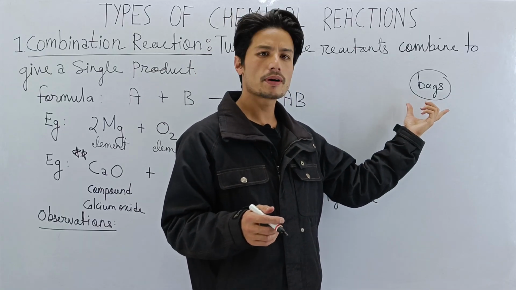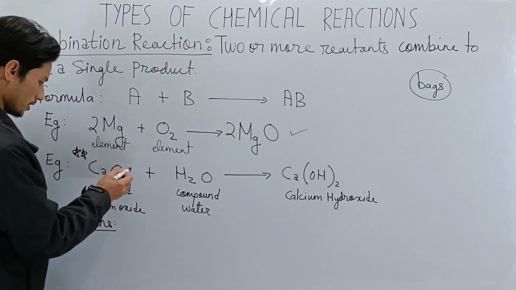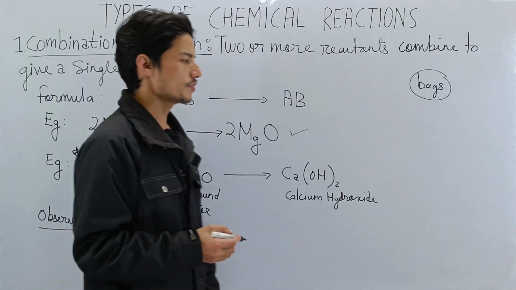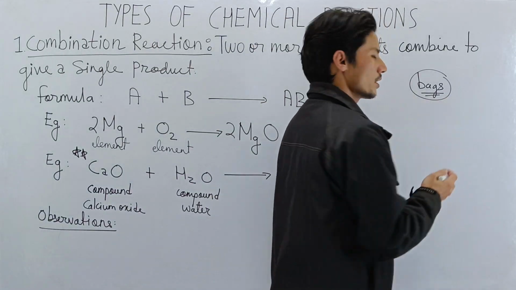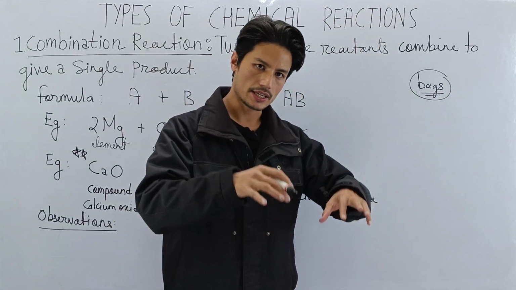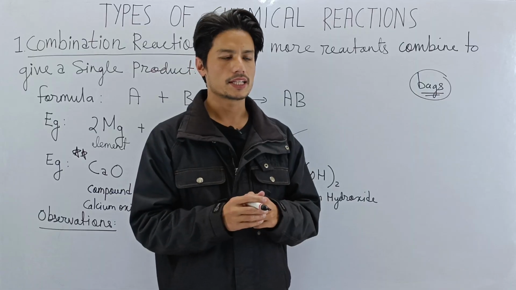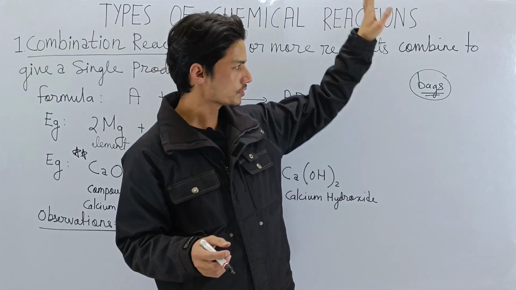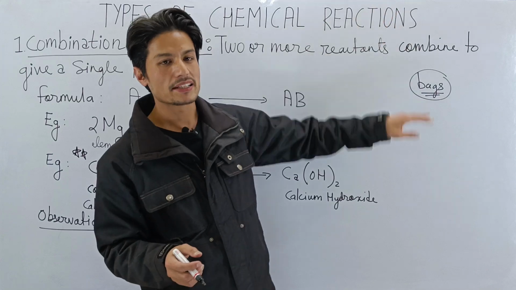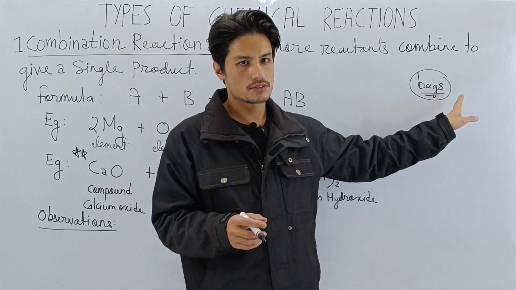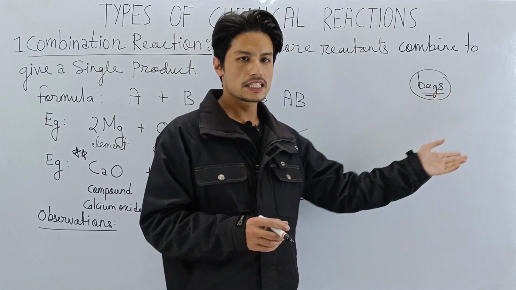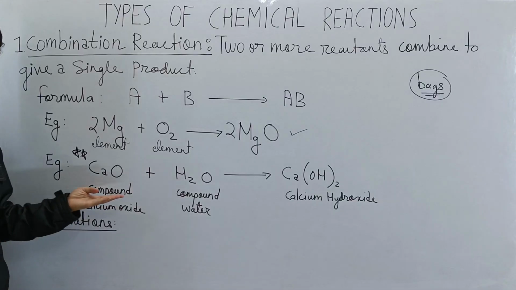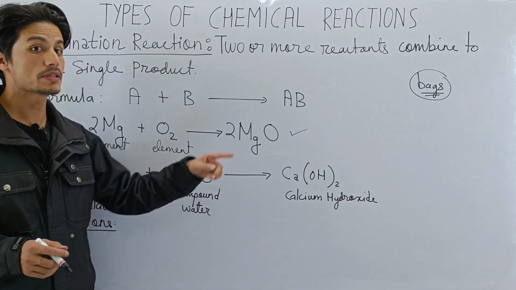We buy this calcium oxide, which is found in bags, and we pour it in a bucket, fill it with water, and use a brush to start painting the roadside walls. So this chemical reaction happens there.